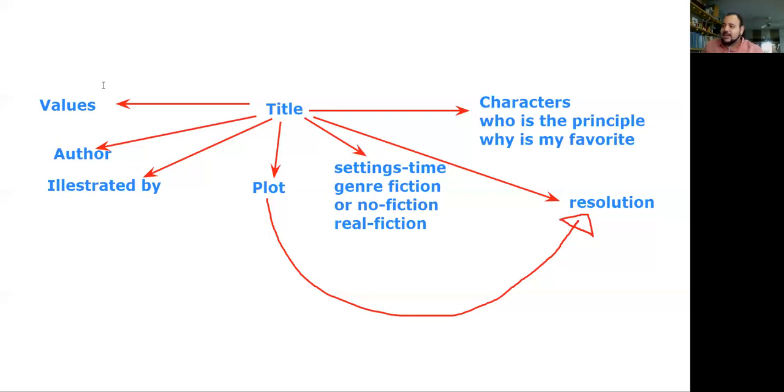Another thing that is kind of difficult to find out is called literary devices.